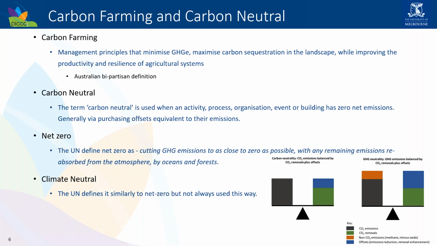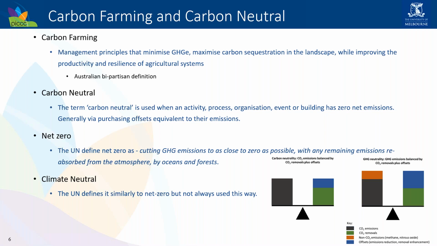So first up, definitions. Carbon farming is the management of principles that minimise greenhouse gas emissions and maximise carbon sequestration in the landscape while improving productivity and resilience of agricultural systems. Now this definition is very specific to Australian agriculture.